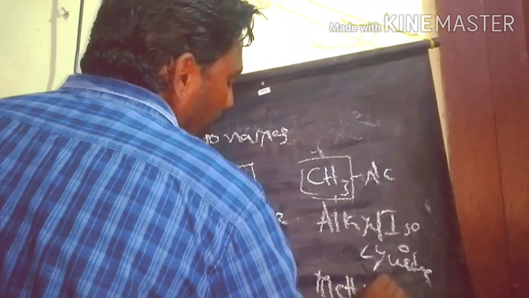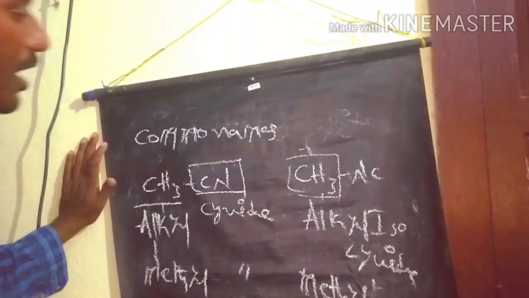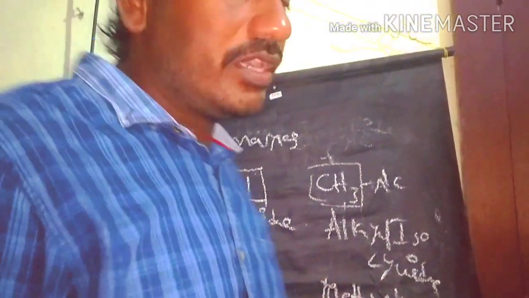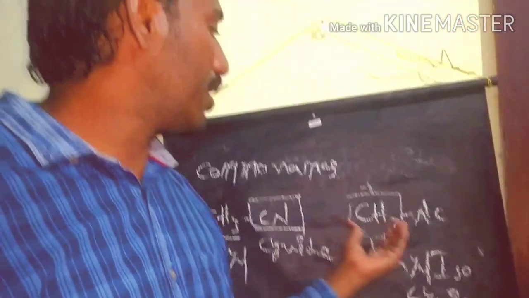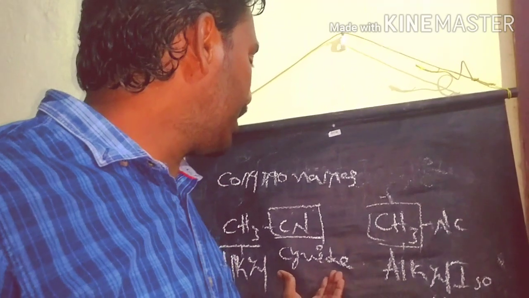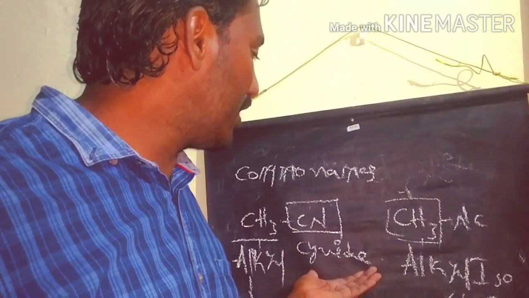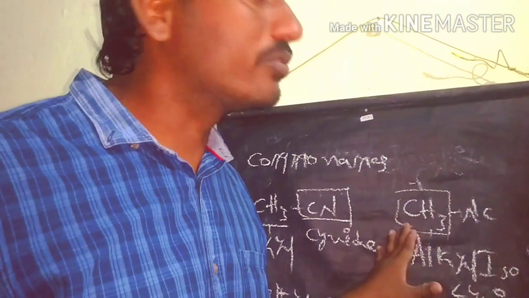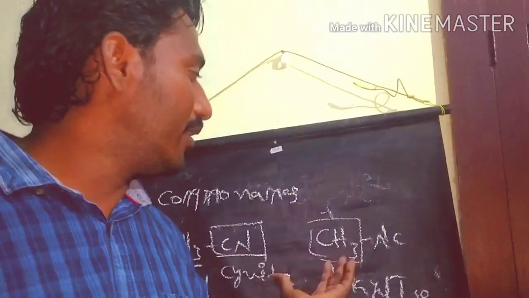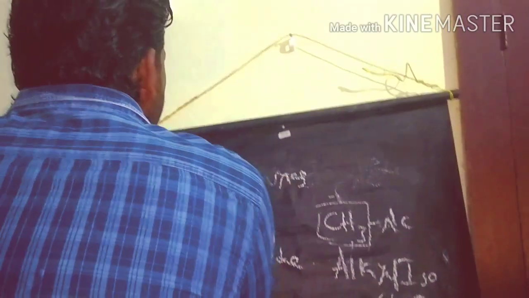Let's see the IUPAC nomenclature of cyanides and isocyanides. In common nomenclature, we don't count the carbon present in the cyanide and isocyanide groups. In nitrile nomenclature, we also count the carbon in the nitrile and isonitrile groups.